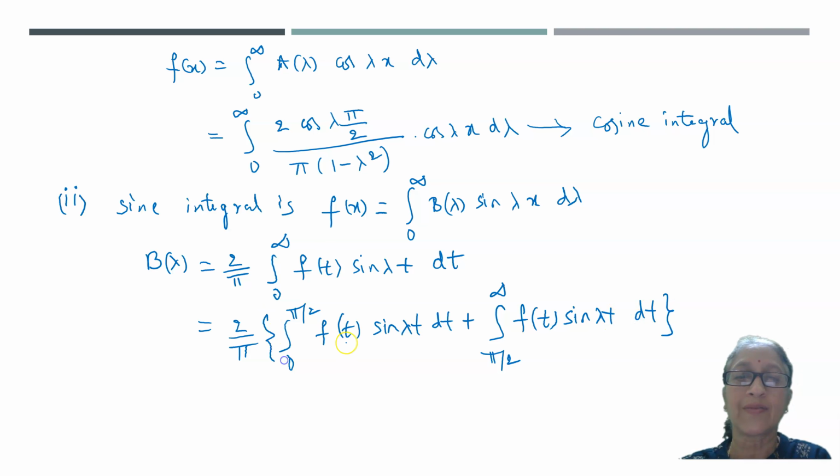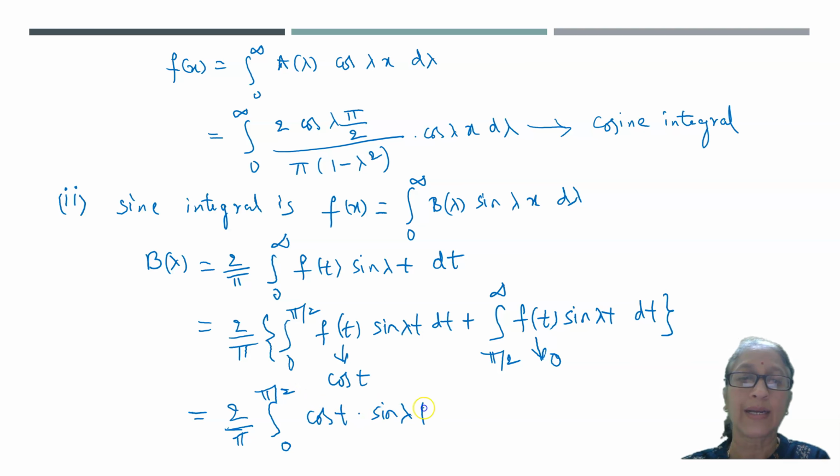We know in the interval 0 to pi by 2, f of t is cos t. In the interval pi by 2 to infinity, f of t is 0. So we get 2 by pi integral 0 to pi by 2 cos t into sine lambda t dt. So to evaluate this integral, first we have to simplify that integrand.